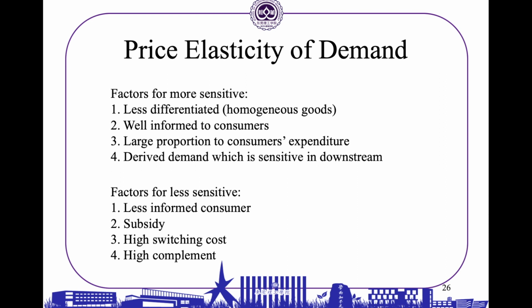Large proportion of consumers' expenditures. 4. Derived demand, which is sensitive downstream. When, say, the demand for milk is elastic, then the upstream of the cow will also be sensitive to the price.